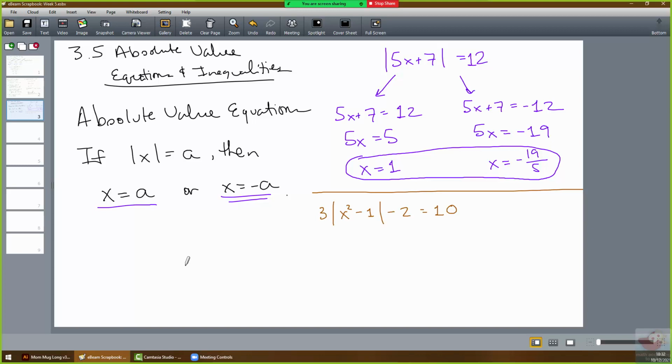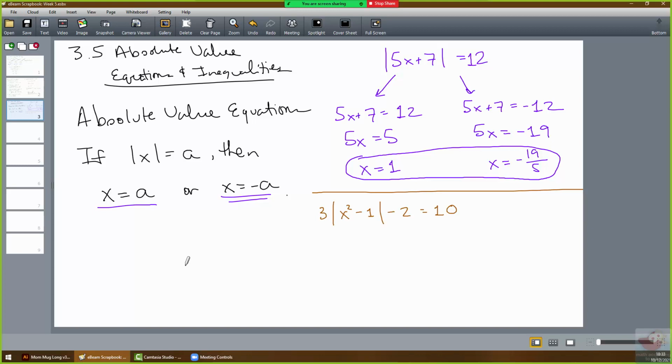One mistake students make is they distribute through an absolute value. Sometimes it works, sometimes it doesn't. Do not confuse absolute values with parentheses. So I would not want you to distribute the 3 through. Instead, I'd rather you get rid of it.